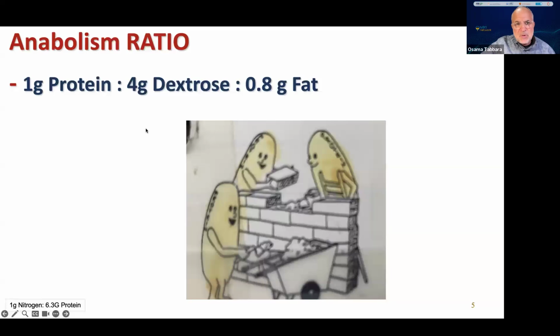So this is what we call the nitrogen ratio in a different way, where each 1 gram of protein should be combined with 4 gram of dextrose and 0.8 gram of fat.